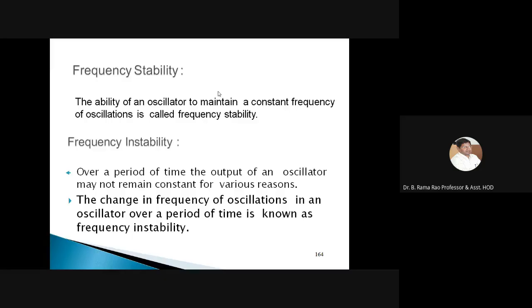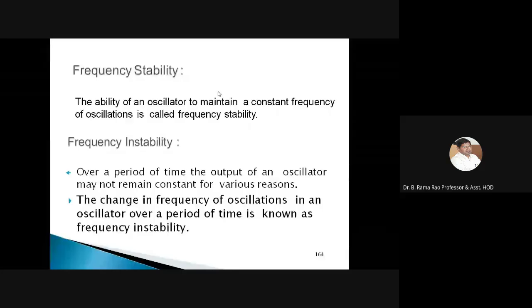But in practice, there are many reasons for frequency instability in an oscillator. Instability means the change in the frequency of oscillation over a period of time. So what are those reasons? There are four or five reasons, which I'll tell you.